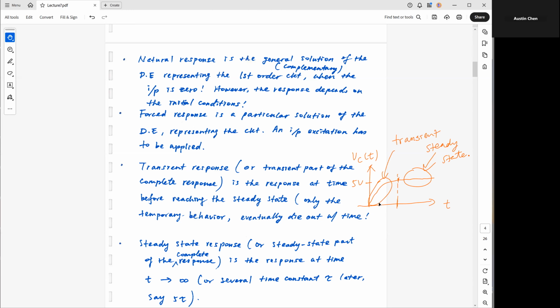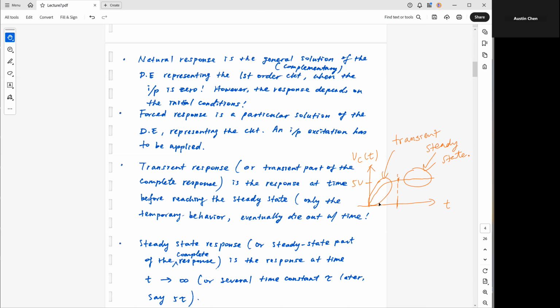But then the question is, how do we determine this crossover point or this boundary? Ideally, we want to wait for this circuit to fully settle. So that means we want this T to go all the way to infinity, right?